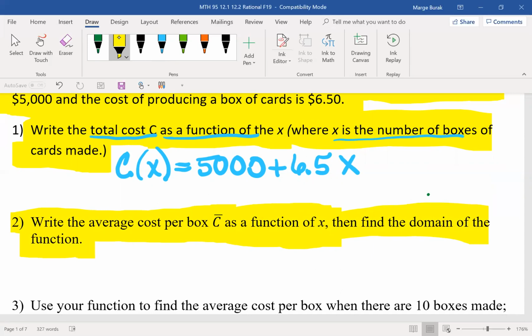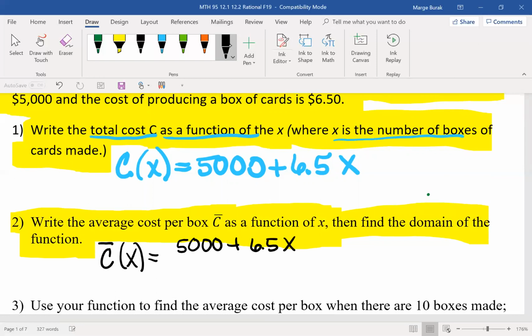If I take the whole cost, 5,000 plus $6.50 for each x, and divide it by how many boxes I actually make, then it's only costing me so much per box. So that's the average cost function.